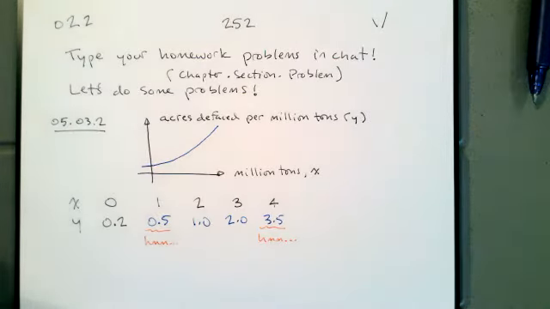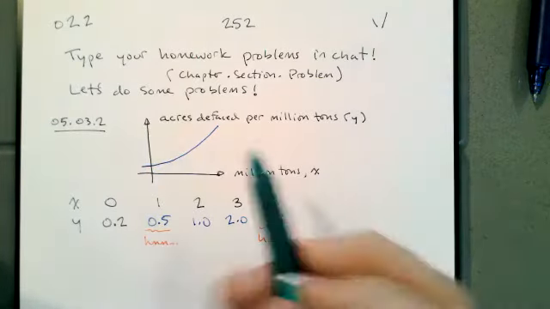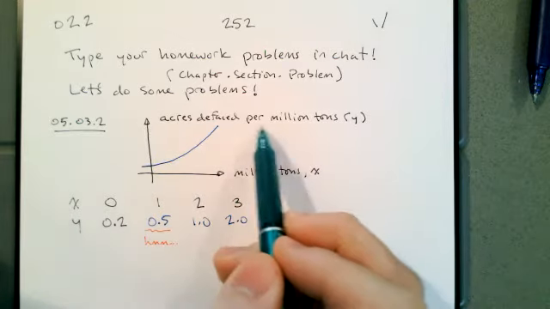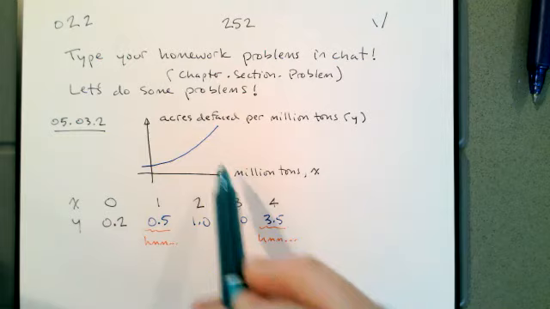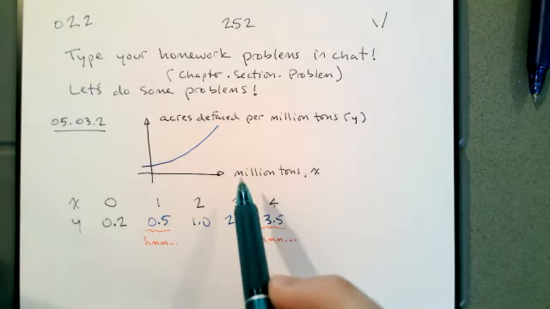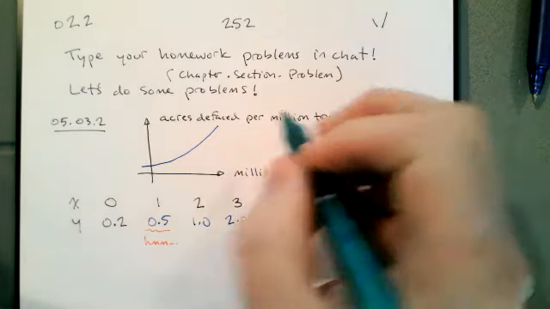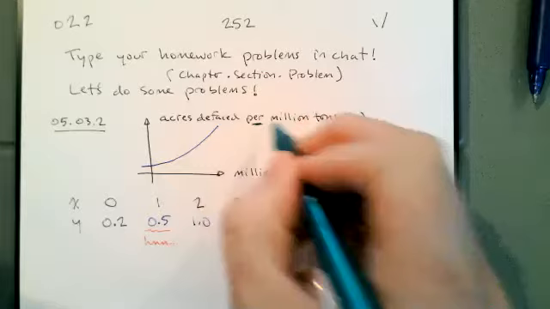So let's talk about the rest of the structure of this problem. Notice that acres defaced per million tons is the rate of change of acres defaced with respect to the million tons of coal we extract. I read this that way, especially because it's got this per right in the middle.